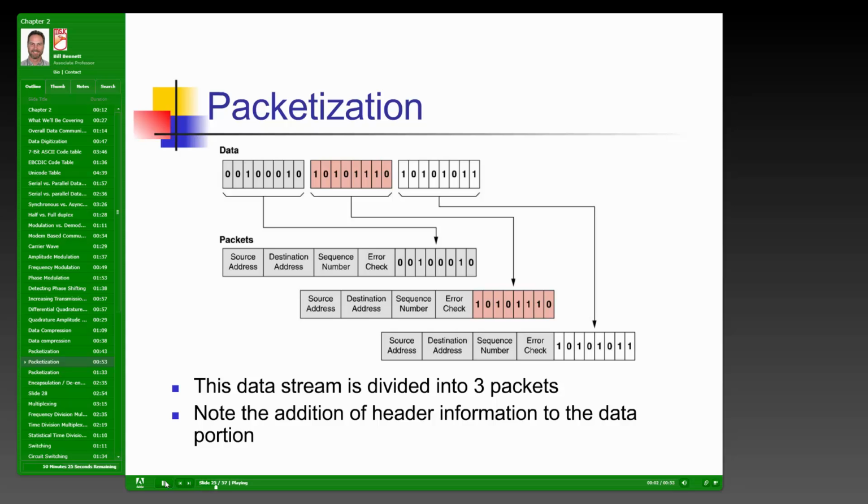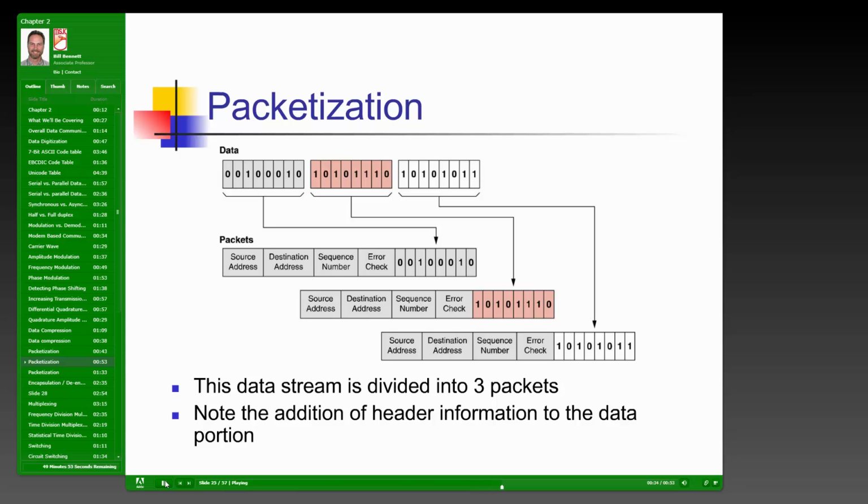So here's an example of a stream of data that's being divided into 3 packets, and you'll notice then that each packet gets its own header that's added to it. That's the management information that we were talking about. So this is very generic in its description at this point. It's not specific to any one network architecture or network layer protocol, but you'll see that there's a source address where it's being sent from and a destination address where it needs to go to.